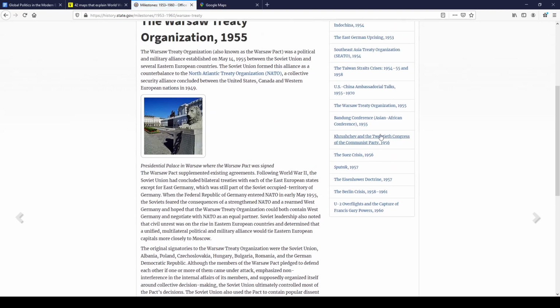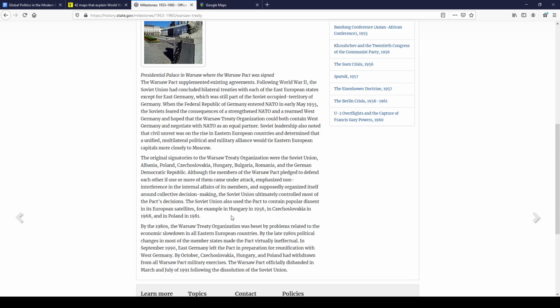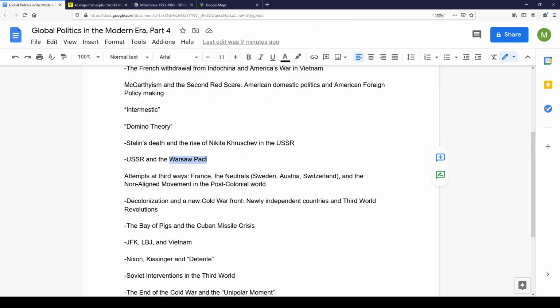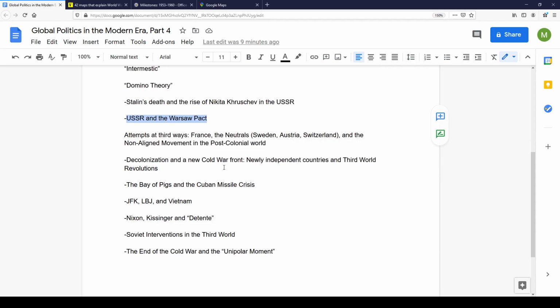If you want to get all the details that I have to leave out because of digression, go ahead and get on that State Department page. So now the Soviet Union has its own. Again, without the Soviet Union, the group is largely meaningless. But there it is. The Warsaw Pact does crumble, unlike NATO, which continues to exist on its own.